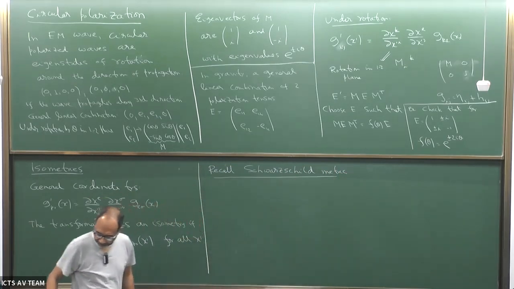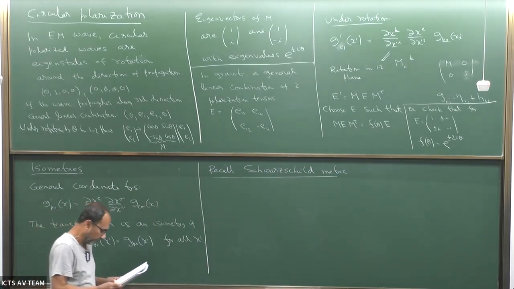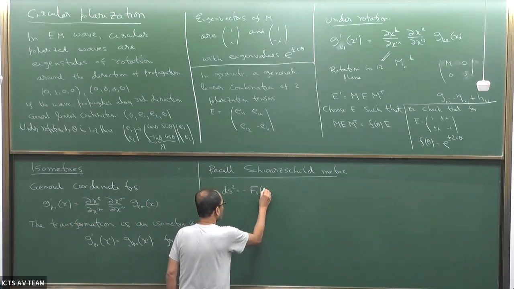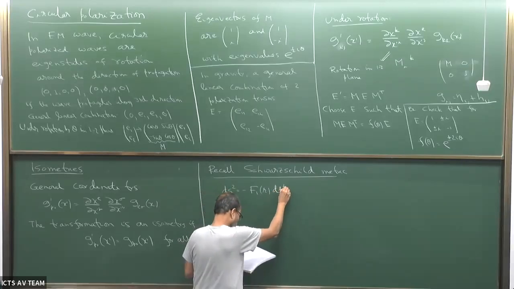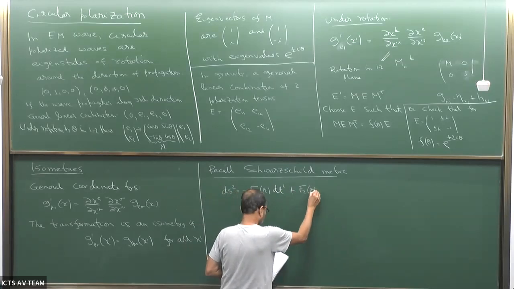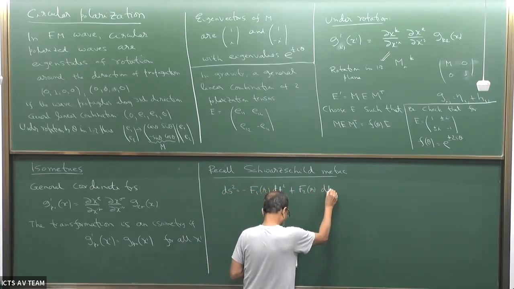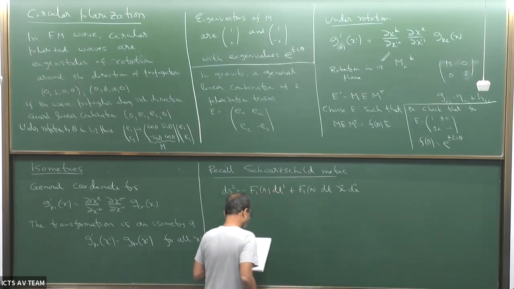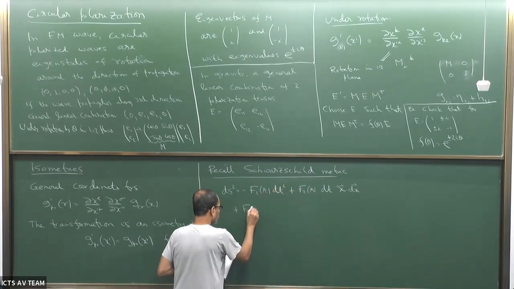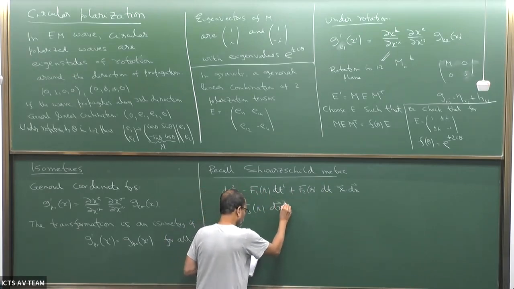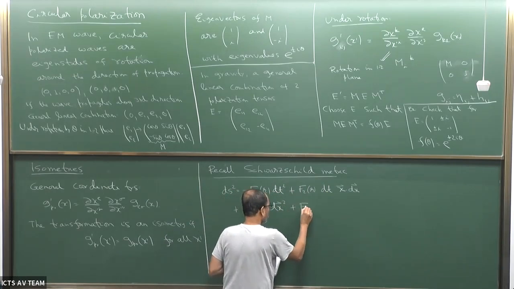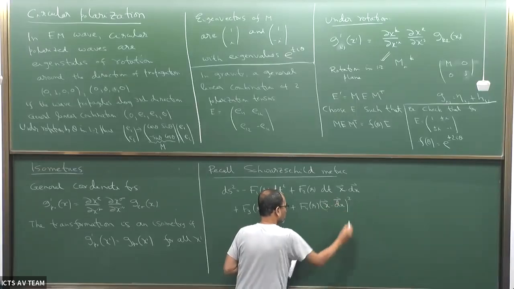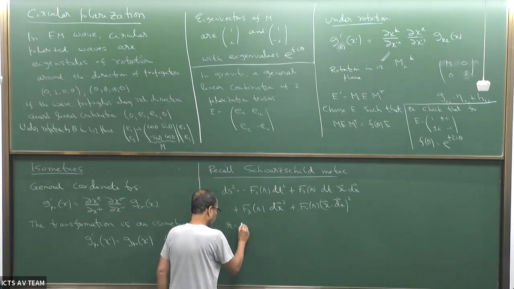I'll write down the starting point, because that's where the isometry was manifest. r was given by the square root of x1 squared and so on.